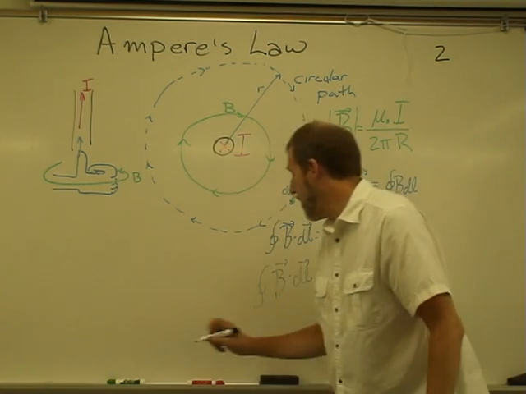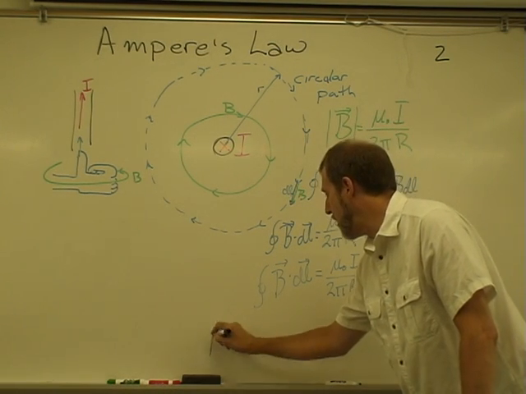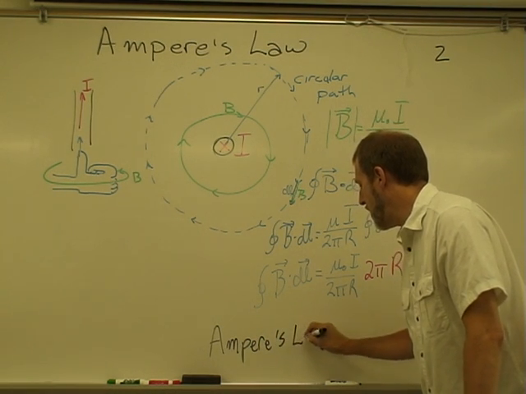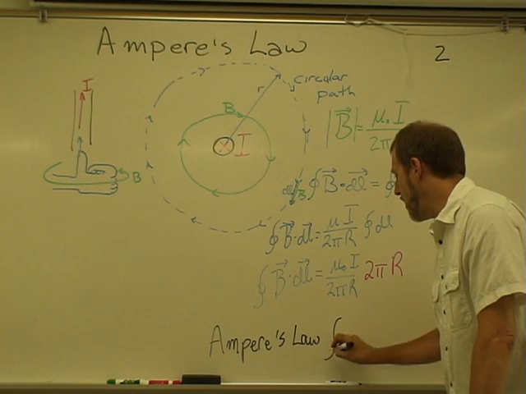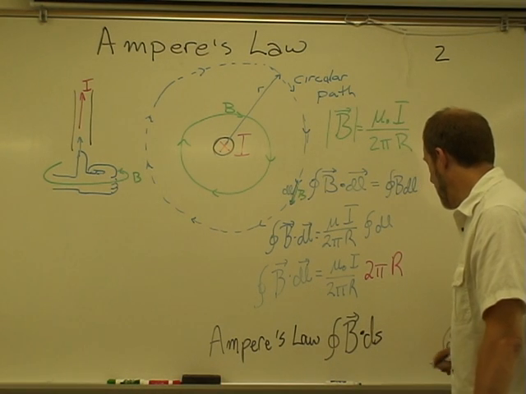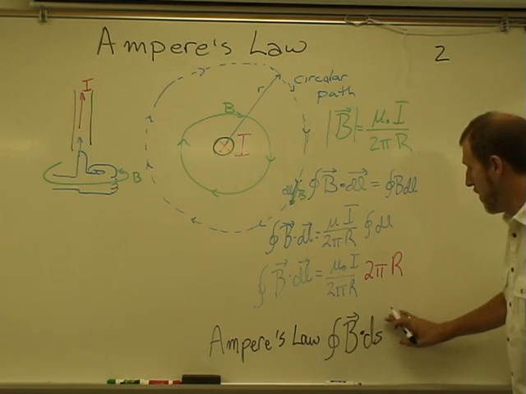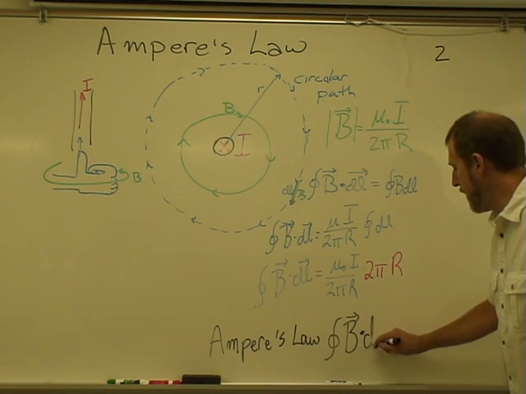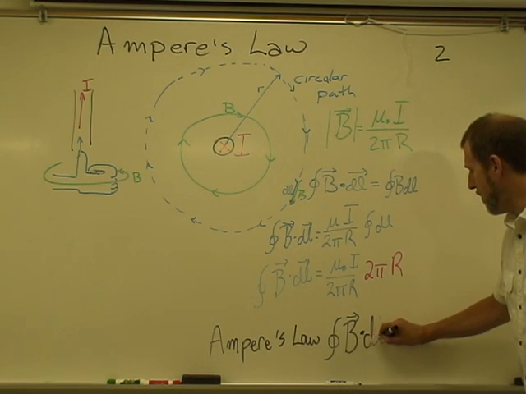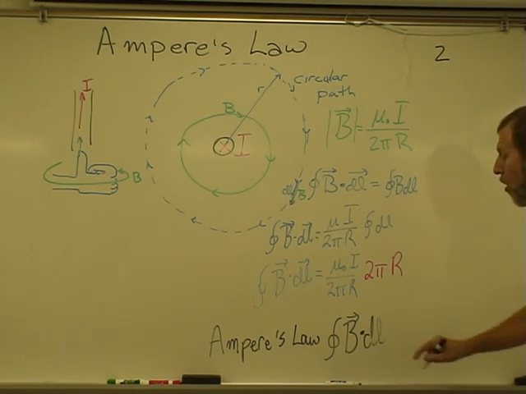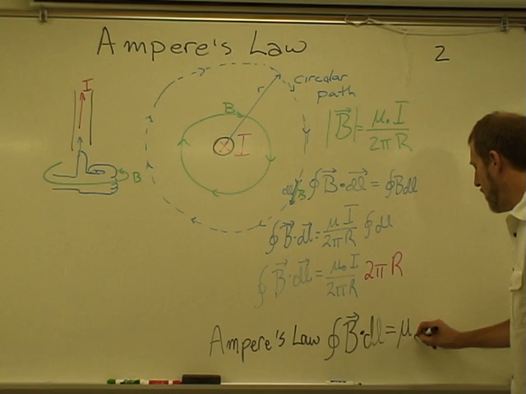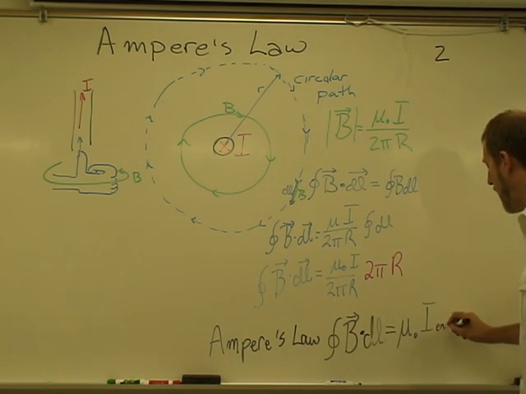So my complete equation, my full write-up for Ampere's law, for the simplified case I've got: the integral of the dot product of the magnetic field with dl over a closed path is equal to mu naught I enclosed.